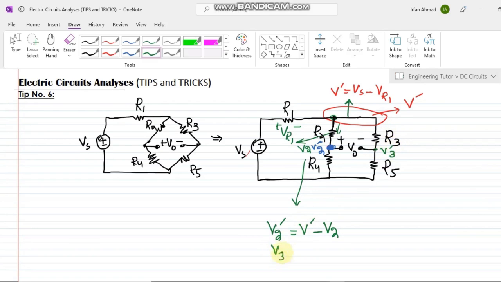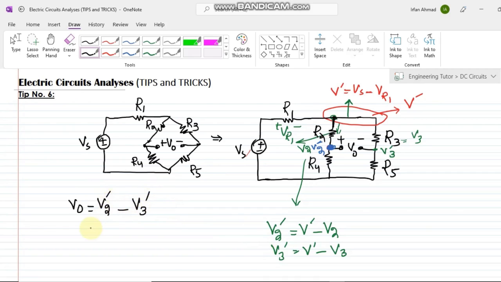The value of V3 prime is this V prime minus the value which is consumed across this R3 resistor, so that would be V3. Okay, so these are two voltage values here. So what will be the value of V0 here? We can easily see here that the value of V0 is V2 prime minus V3 prime.